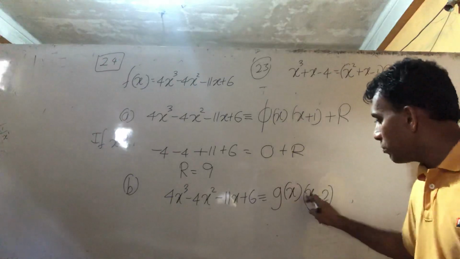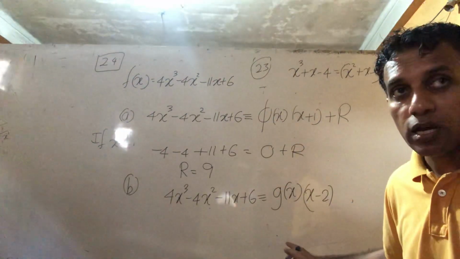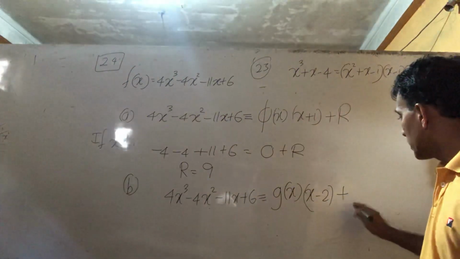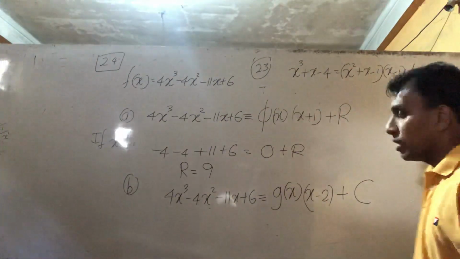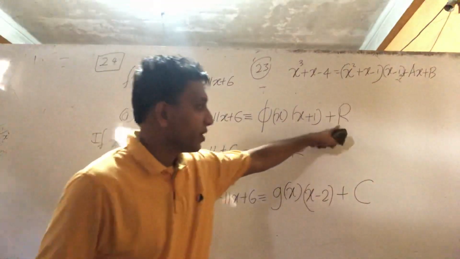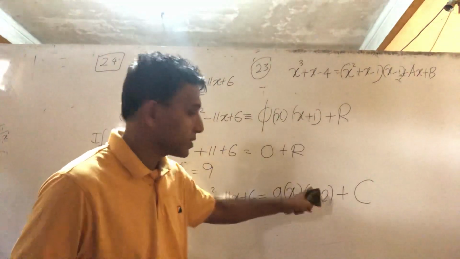I also divide by a linear polynomial, so the remainder is a constant number. I say the remainder is C. You can't write R because it won't come the same balance.